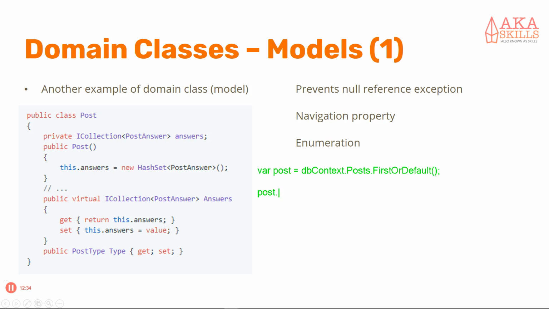And I can say post dot post answers. And this is my navigation property because I'm already going inside answers. It's answers because the name here is answers. And now I can say dot, for example, select. From these post answers, I would like you to select just the name. And after that, first or default. And I'll get the first answer, its name, inside this post.